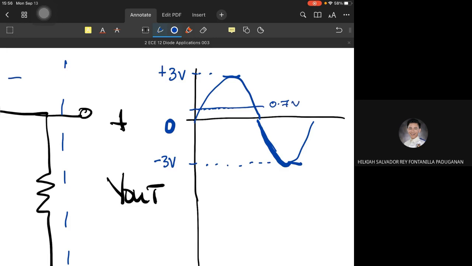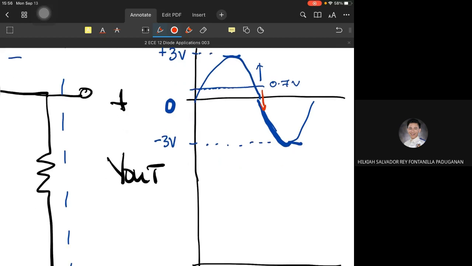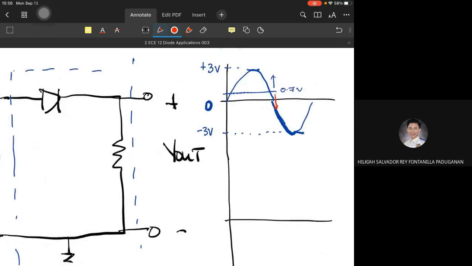So it will only pass through signal above 0.7 and block any signal level below 0.7, even when it is negative 1, since it is still below 0.7. So that is blocked, and our output signal would look like this.